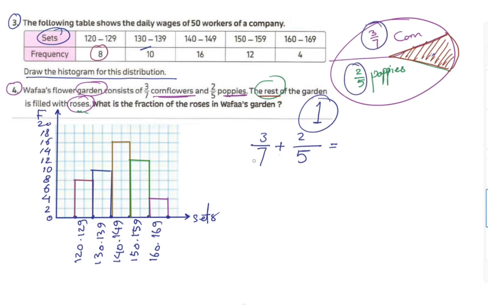To add these two fractions, we have unlike denominators, but 7 and 5 are prime numbers, so I will multiply them. 7 by 5 equals 35. Now 3 by 5 equals 15, and 2 by 7 equals 14.